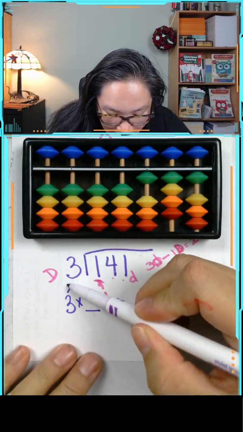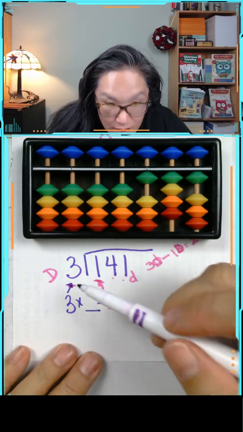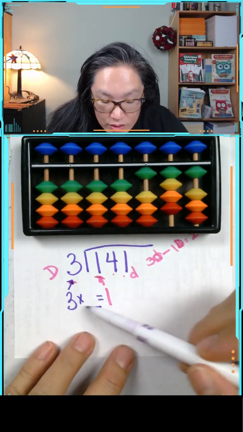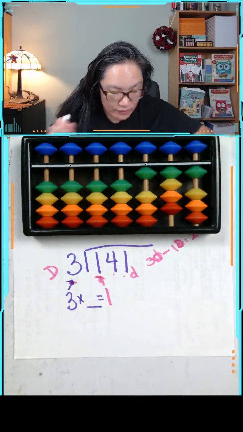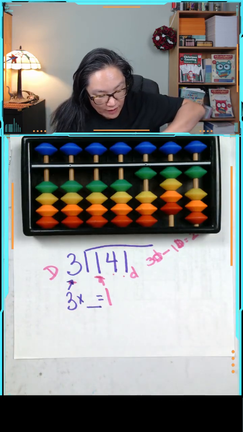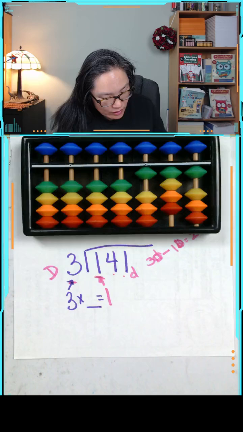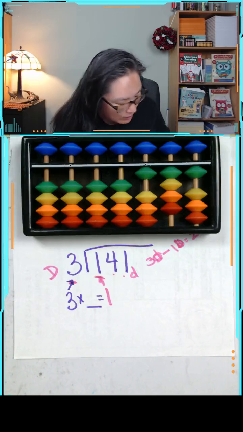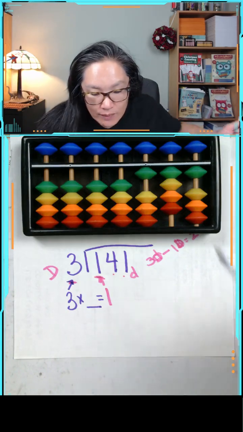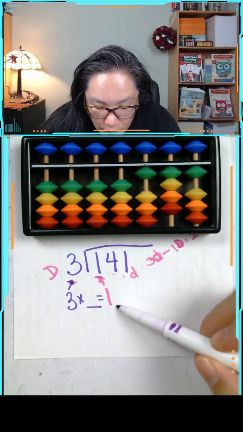There is no multiplication fact for this, right? So if there's no multiplication fact for 1, we have to make it a double digit. To make this a double digit, what number are we going to put here?